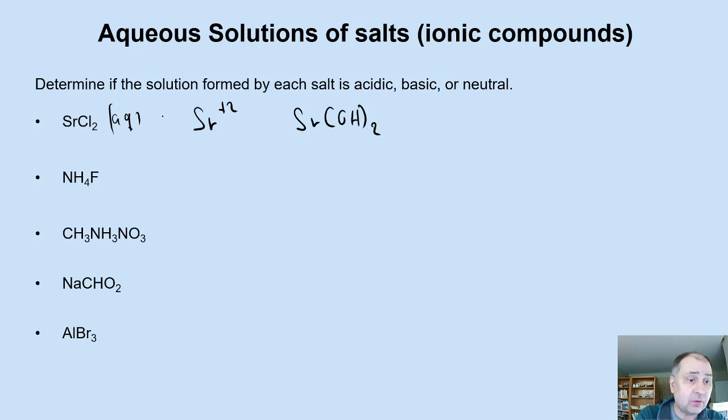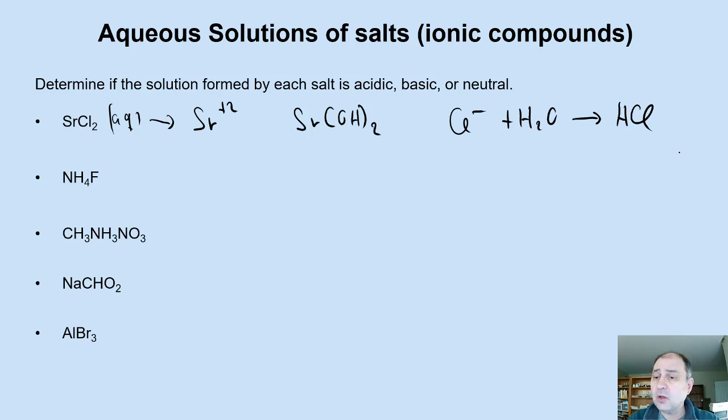So when you dissolve strontium chloride, you also get chloride, but chloride is not a conjugate base because it would have to react with water to form hydrochloric acid, and hydrochloric acid is also strong, so there's not going to be this reaction at all. The equilibrium would be way to the left, so this is going to be a neutral solution.